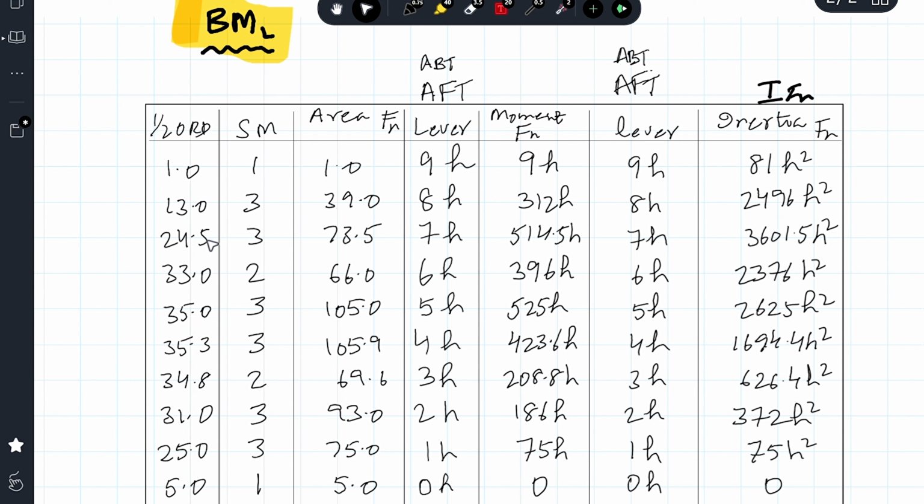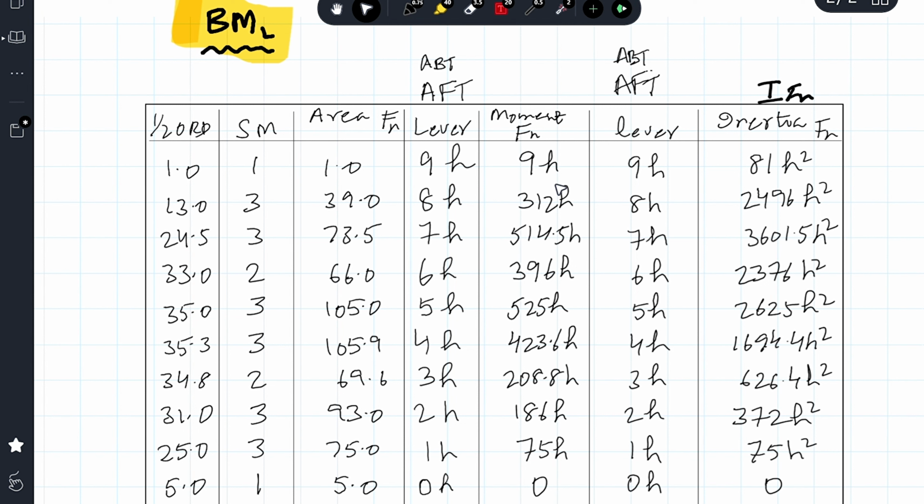And because there are 10 ordinates, so there are 9 equal number of segments. So I got 9. So 0 to 9. The aftermost is the 0, and the forwardmost becomes 9.